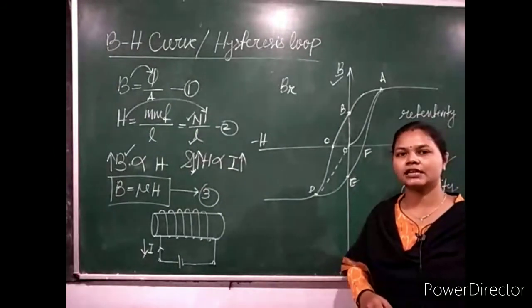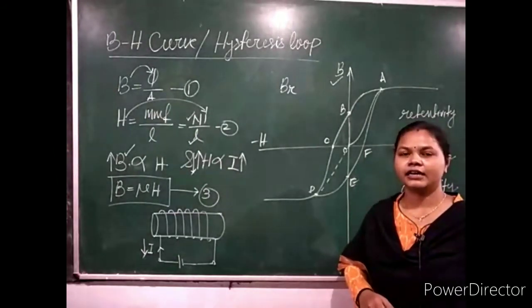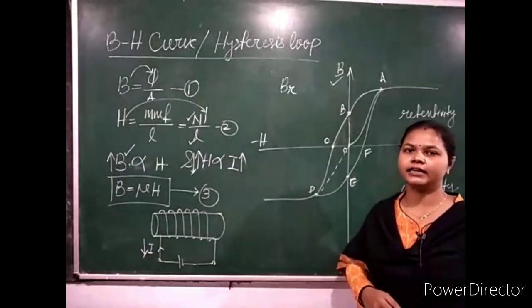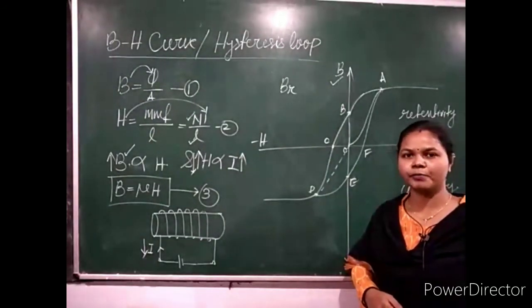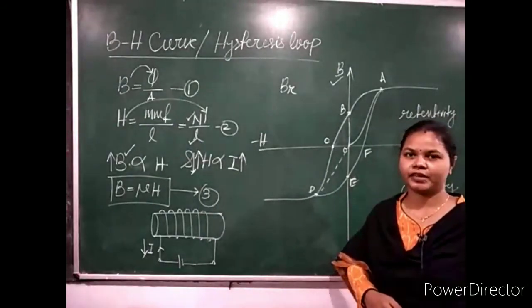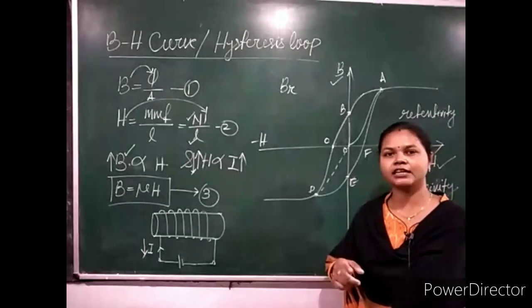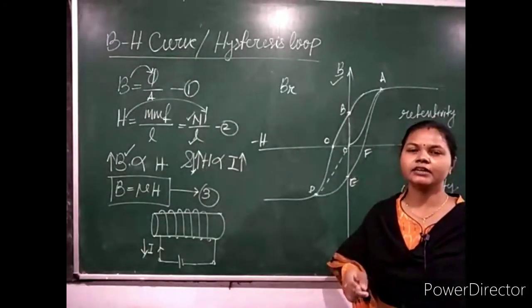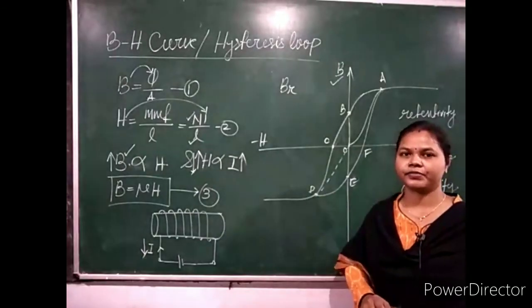This hysteresis loop shows the magnetizing and demagnetizing effect of magnetic material when you increase the current. So what is the effect of increase or decrease of flux intensity on flux density?